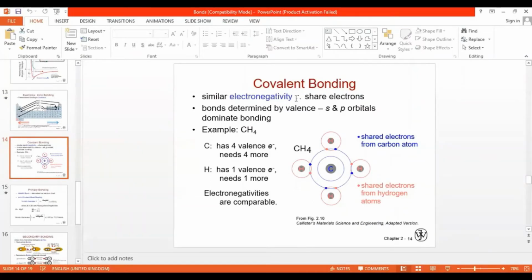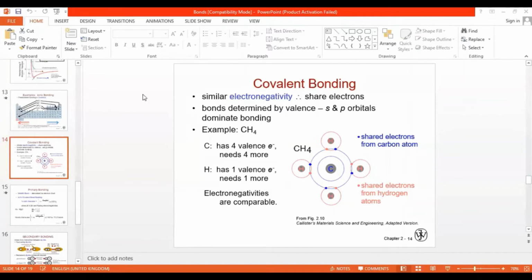Then the second primary type of bond is covalent bonding. In the previous case, what we saw was transferring of electrons, so one will gain and the other one will lose. In the case of covalent bonding, there won't be any electron transfer, but there will be electron sharing. In covalent bonding, we see similar electronegativity and shared electrons.